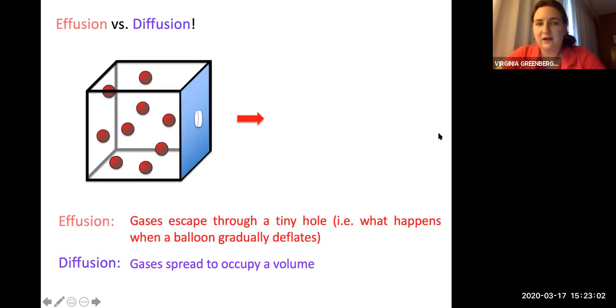So if we look at this box above, we have a container. It has a hole there in that blue wall, and we have it filled with these red gas molecules. If we were to watch one of those gas molecules escape through that hole, that would correspond to effusion.